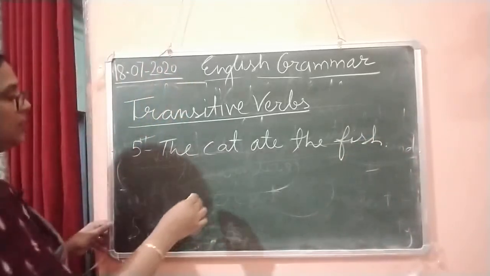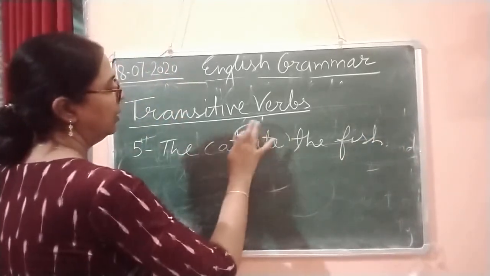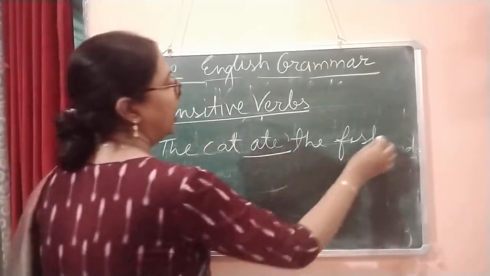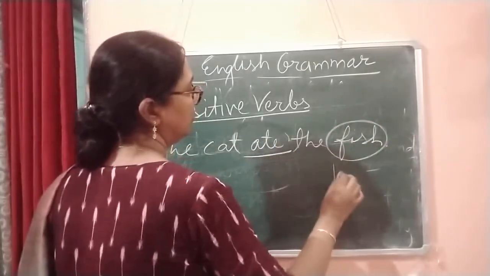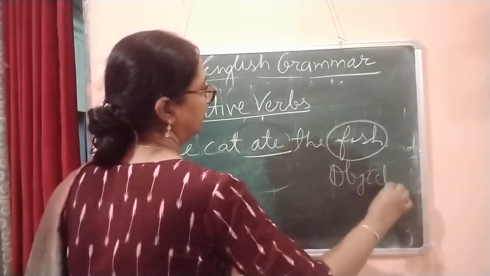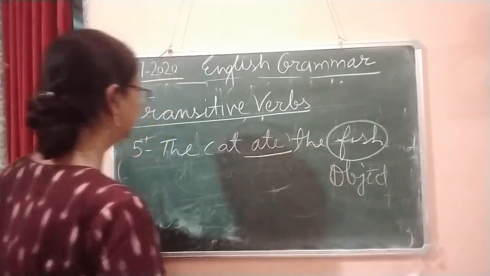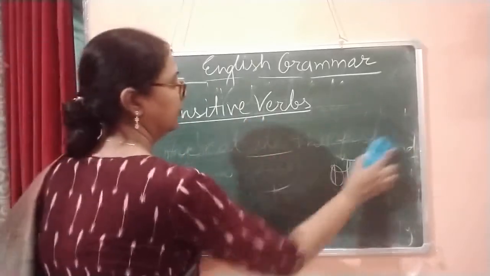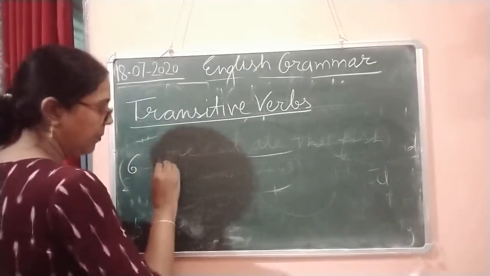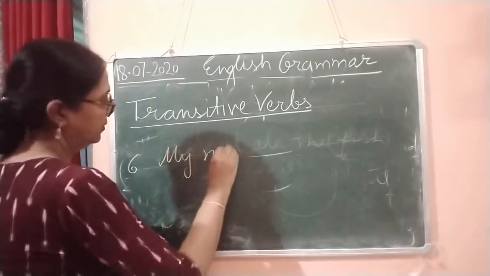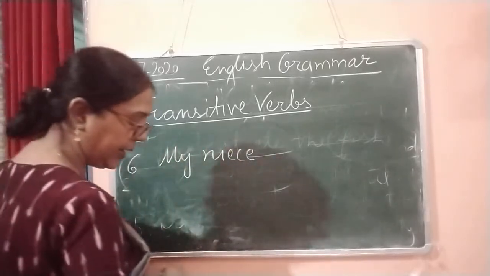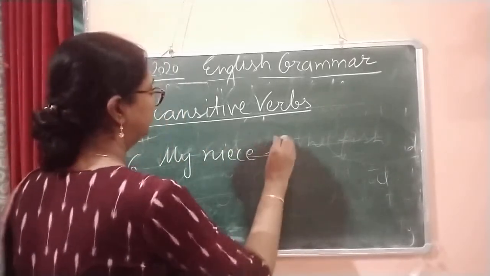Here you can see ate is the action verb and fish is the object. Sixth, my niece plays a flute.